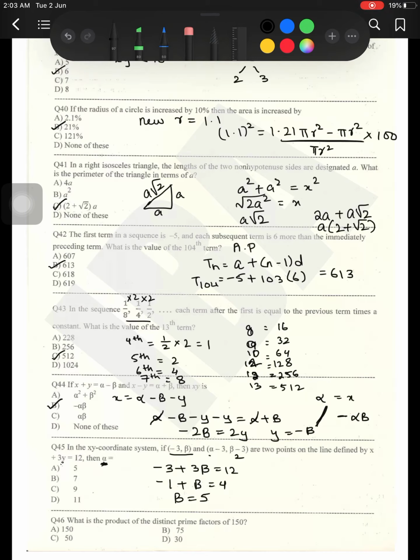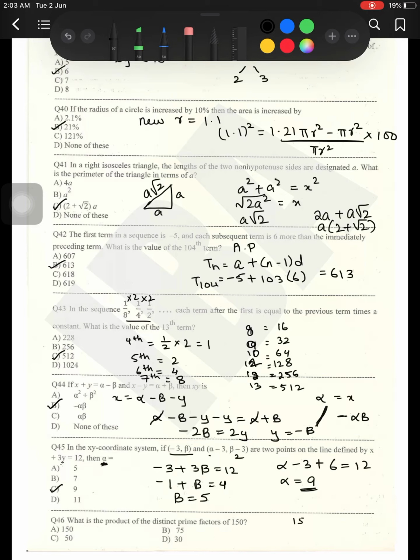This is going to be 5. So this is going to be 2, and then we're going to substitute again. So it's going to be this. So it's going to be C.